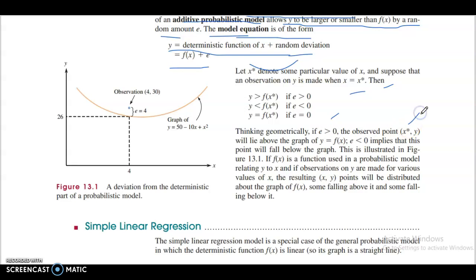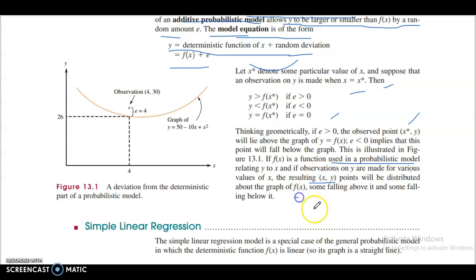E less than 0 implies that the point will fall below the graph. This is illustrated in figure 13.1. If f of x is the function used in a probabilistic model relating y to x, and observations on y are made for various values of x, the resulting x comma y points will be distributed about the graph of f of x, some falling above it and some falling below it.